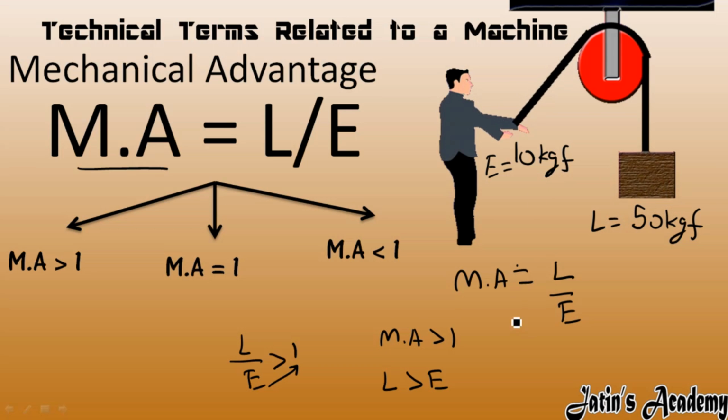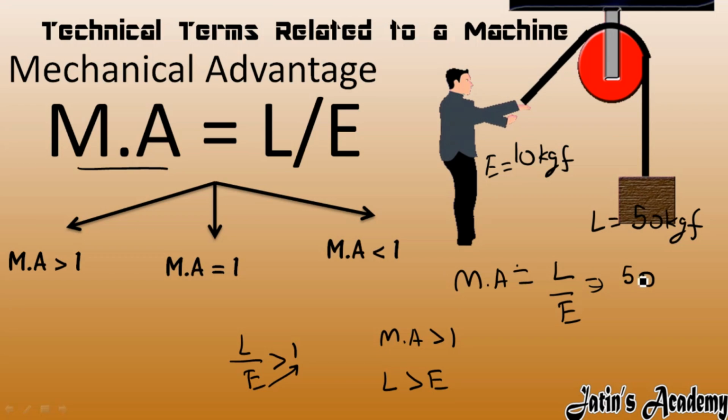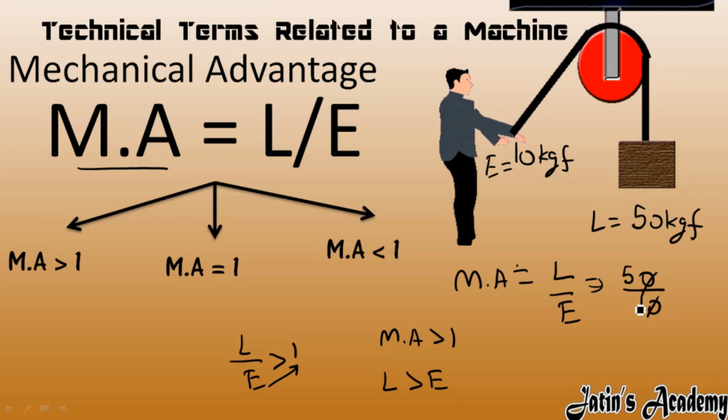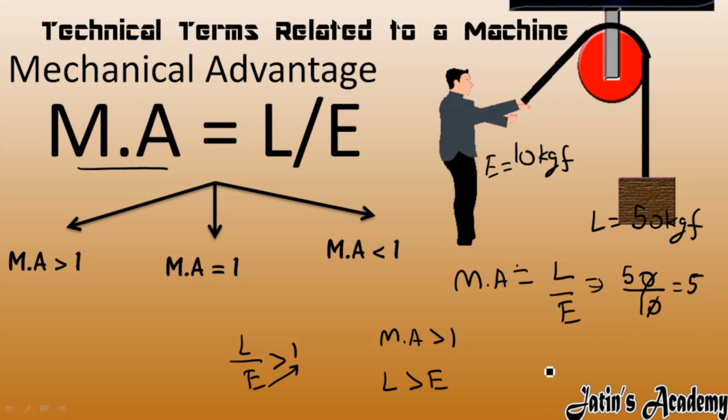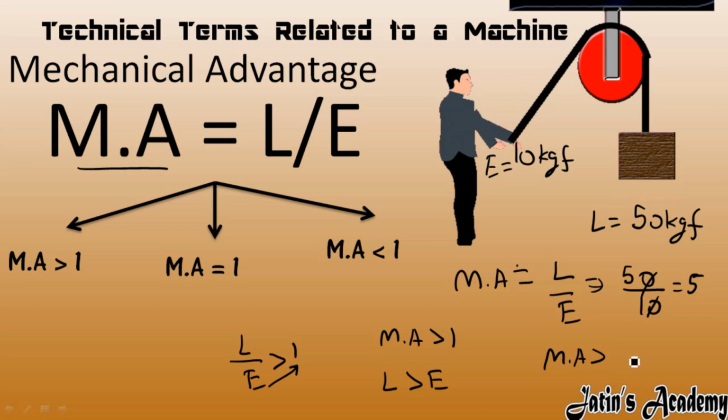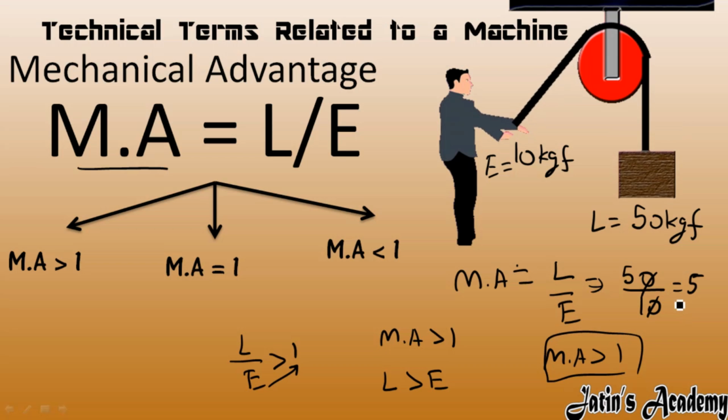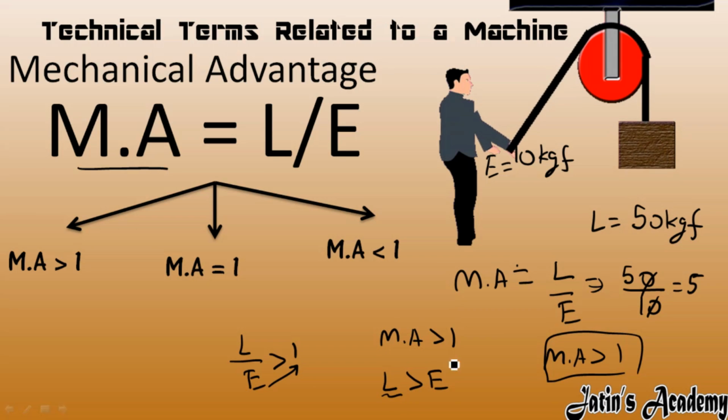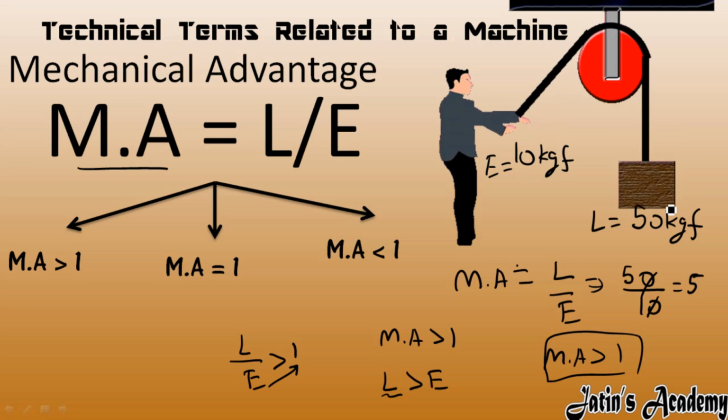So what is the value of mechanical advantage? We have 50 by 10, that is 5. So here mechanical advantage is 5, which is greater than 1. Carefully see, we are able to lift more load by applying less effort.